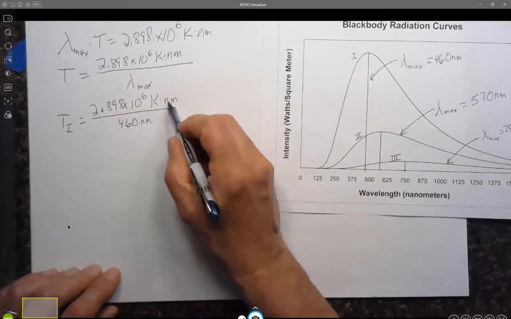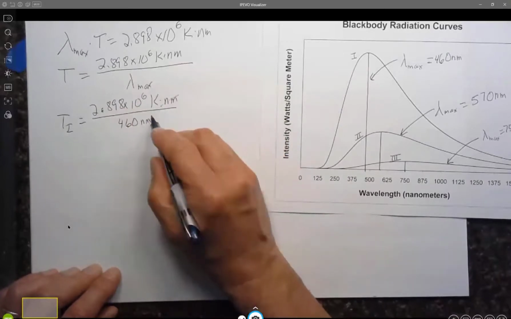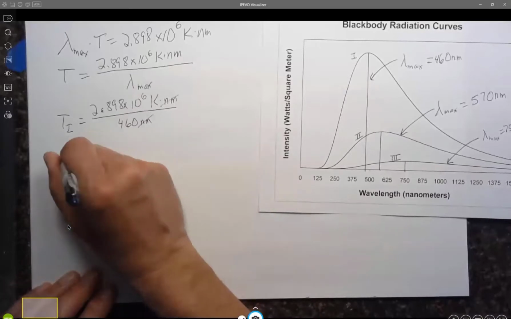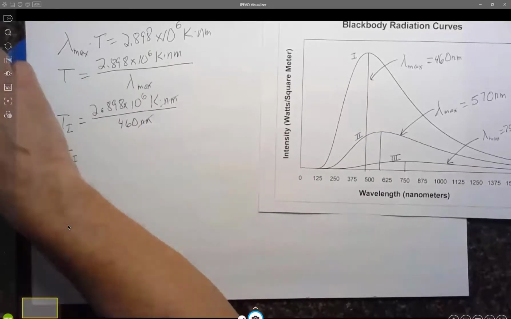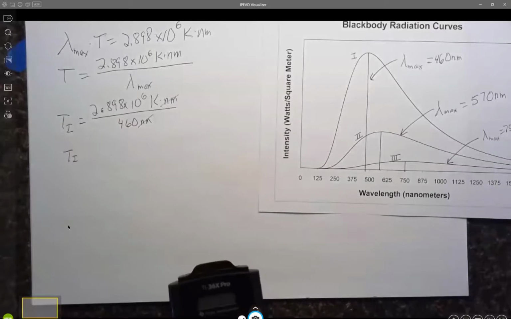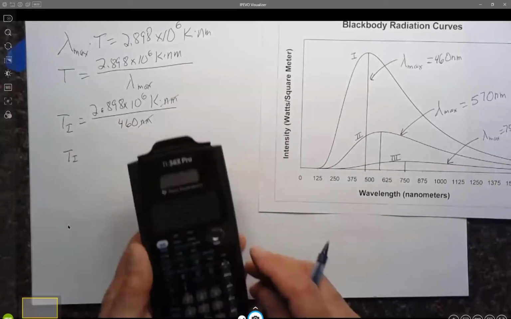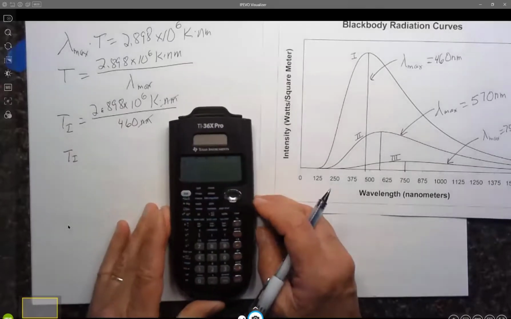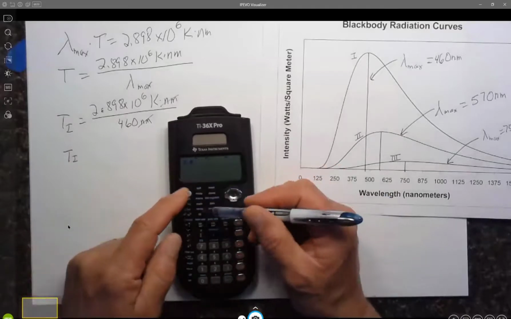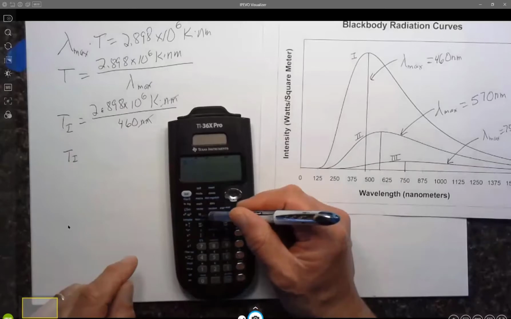And see the nanometers on top of the fraction divided with the nanometers on the bottom, and I'll be left with Kelvin. So the temperature of that hotter object, plug in the numbers to my calculator. I'll show you how I do it on here. This particular model, I don't have to hit second to get the EE on there.